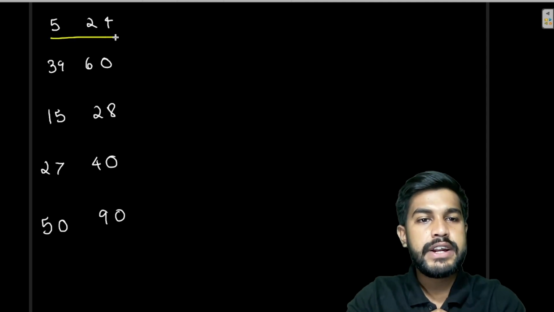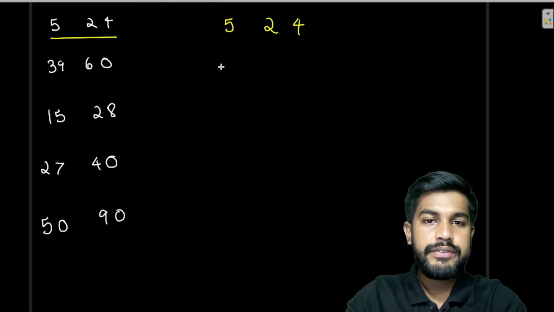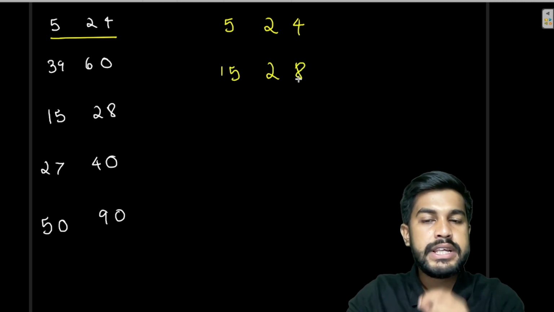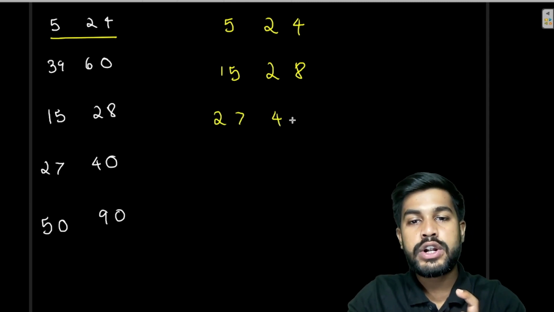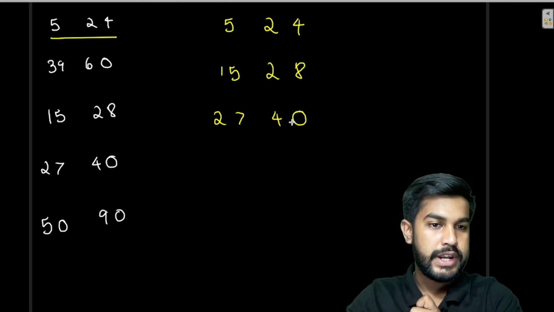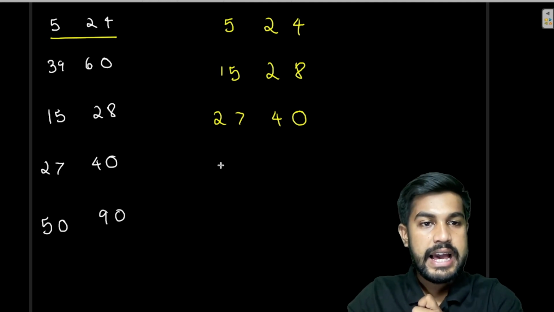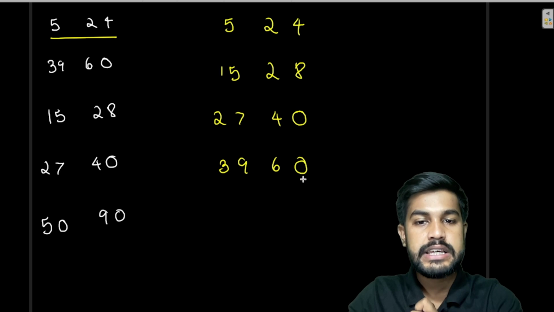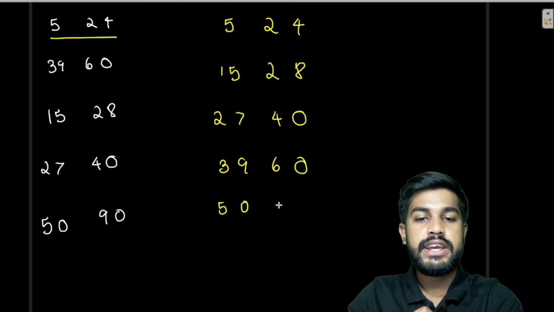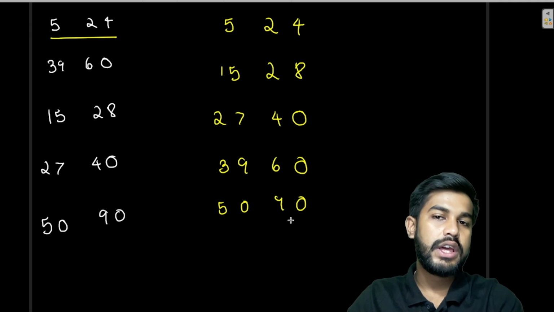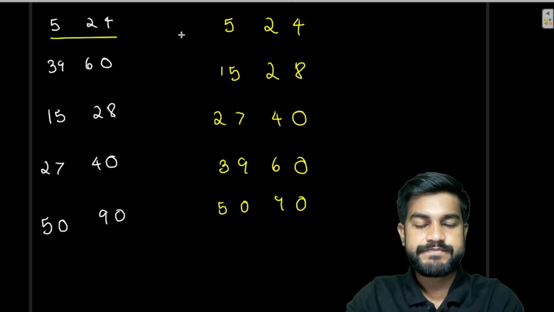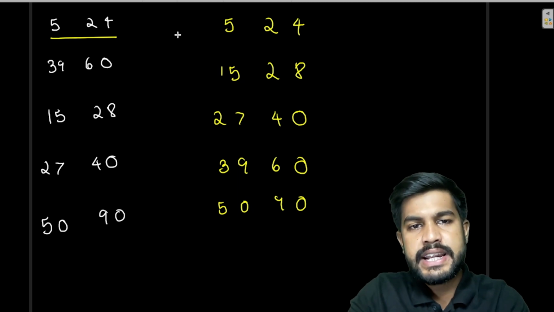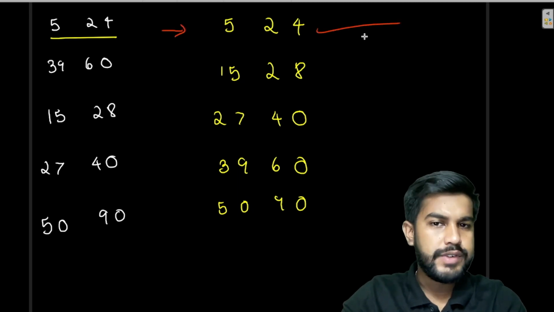So I can say that 5 and 24 would be the first to finish, and then 15 and 28 would be the next to finish early, and then 27 and 40 would be next. Okay, and then 39 and 60 would be next, and 50 and 90 would follow them. Okay, so now if you see this with absolute importance, then you can say that yes, I would allow them to visit.